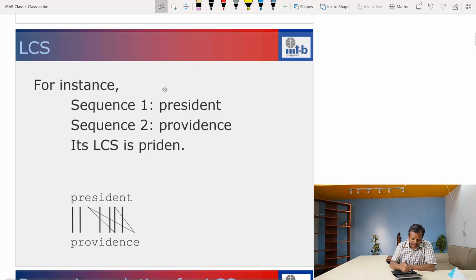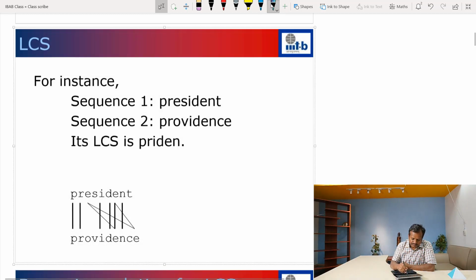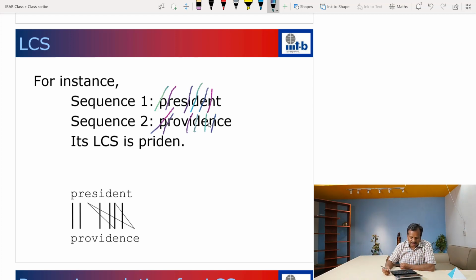We have P here, then R, then I, then D, E, N. So clearly this is a subsequence of the first sequence, and I can do the same with the second sequence: P, R, I, D, E, N. Again, preden is a subsequence of the second string.